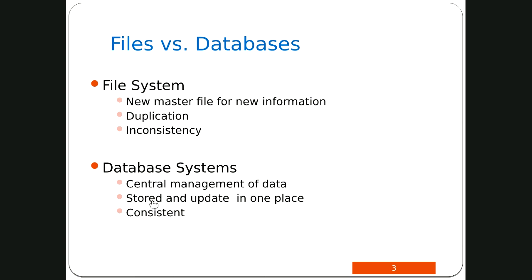So this is stored in one place, updated in one place, and it will be consistent no matter who looks at that information. If I look at it, your auditing professor looks at it, the dean looks at it, or the admissions or the graduation program looks at it, all of them will see the same because the data is now in one place, centrally managed, and consistent. It is the same everywhere, right?